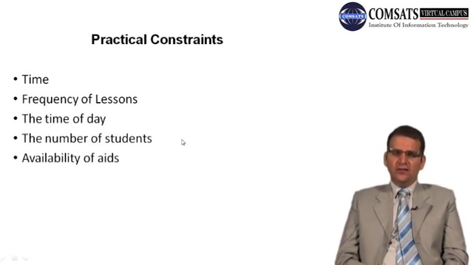We saw that the more the frequency, the better for the learners and the better for the teacher as well. If there is only one class in a week, then the teacher has to be very careful. For every next class, he has to recap, discuss the previous things, and then move forward. So these are what we call practical constraints that can influence your lesson.